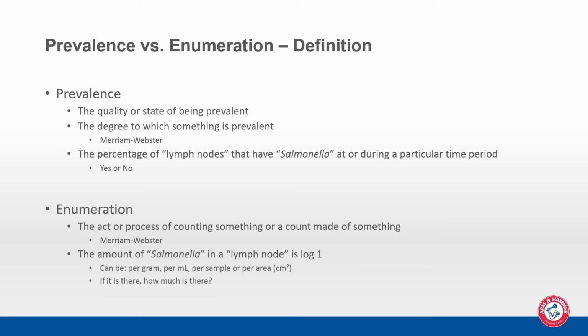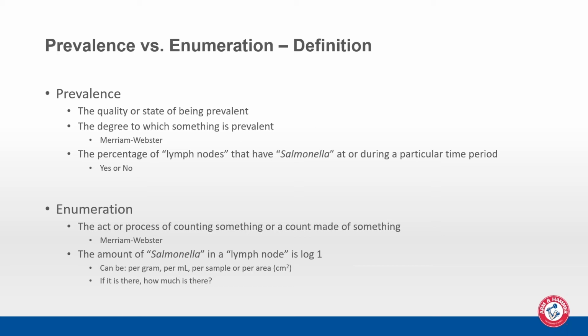Prevalence versus enumeration. If you look up prevalence in the Merriam-Webster dictionary, there's a couple different definitions. One of them is the quality or state of being prevalent, and the second one is the degree to which something is prevalent. If you're like me, I like to put it in my terms, so what that tells me is the prevalence of lymph nodes that have Salmonella at or during a particular time period.